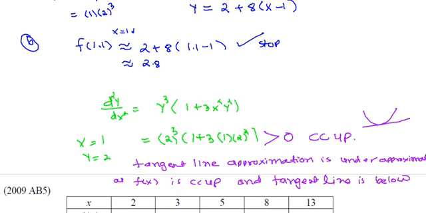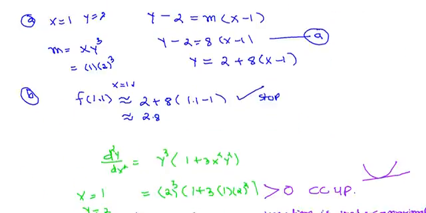So that's all. Recently, we have learned the second derivative, which is positive, negative, concave up, concave down, and that's where we are using it, to decide whether the tangent line approximation is going to be above or below.